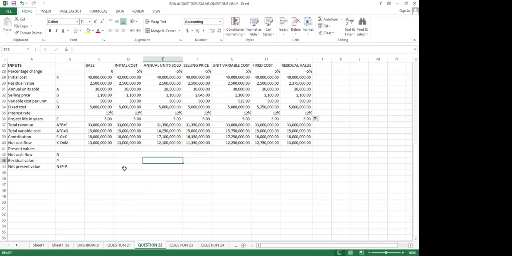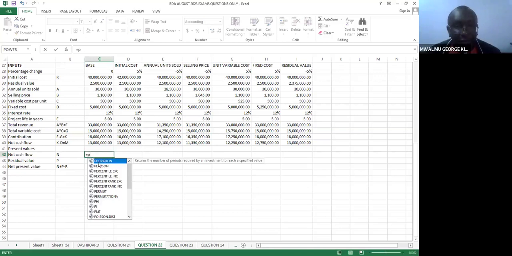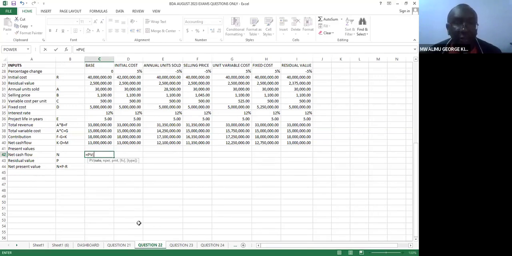Yes. Okay, so if you are there, let's now come and put the formula here. So the formula will be equal to, you type PV, you can find it here, you double click. So you can see it is asking for the rate. So the rate is this one, 12. Then you press comma. It is asking for the number of periods.